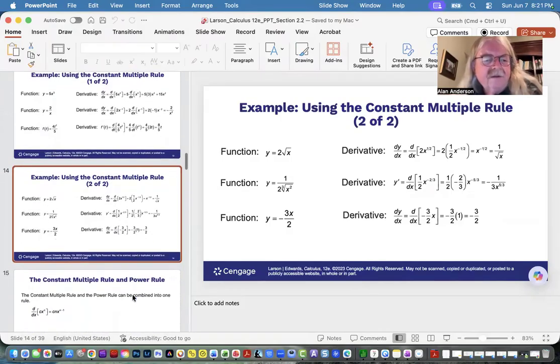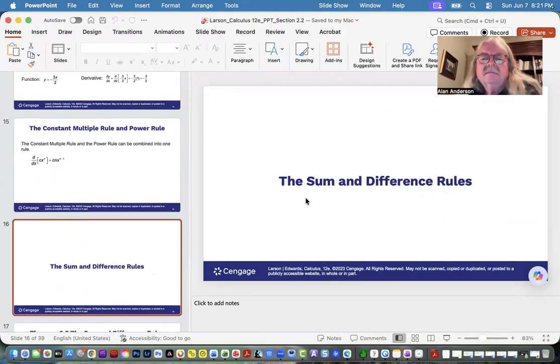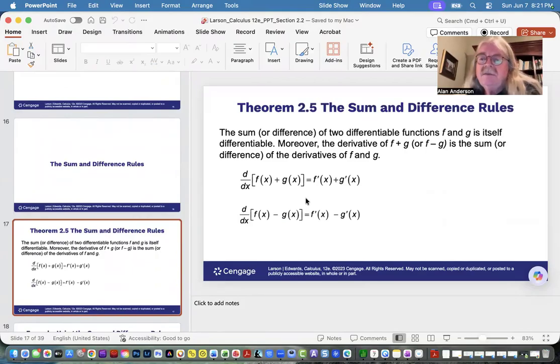All right, what do we have now? So yeah, you can think of this as a single rule. It's the power rule with a constant. That's all it is. Now, you sometimes might find yourself needing to add or subtract derivatives. So let's take a look at this.